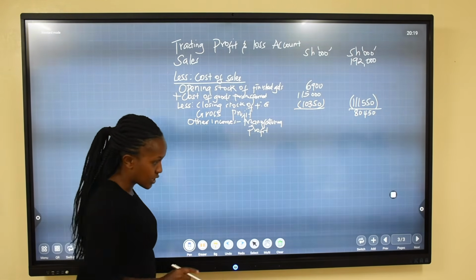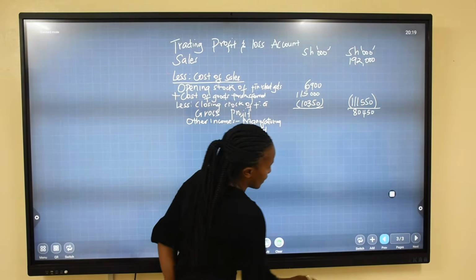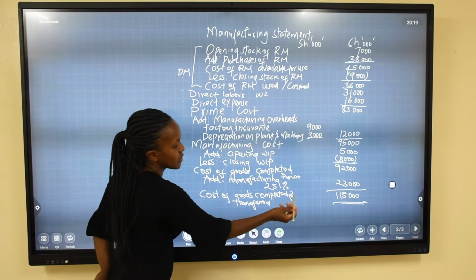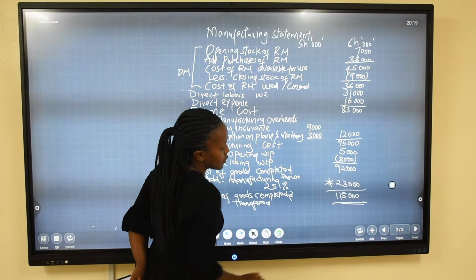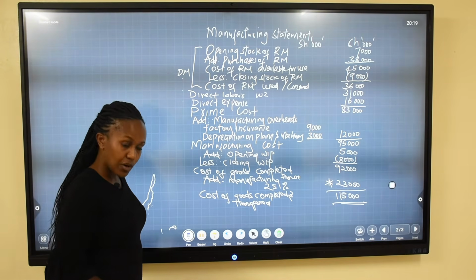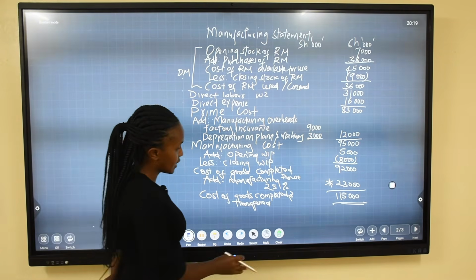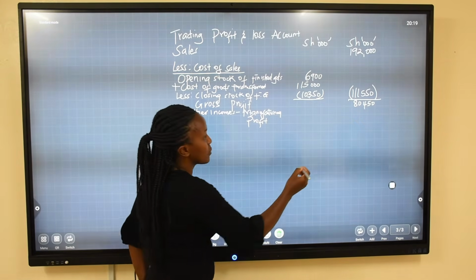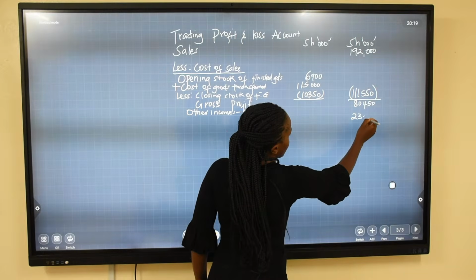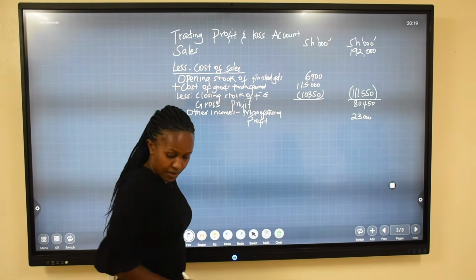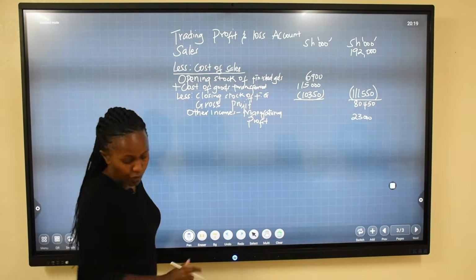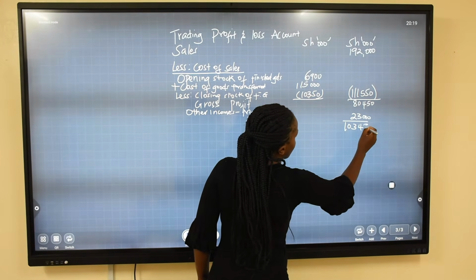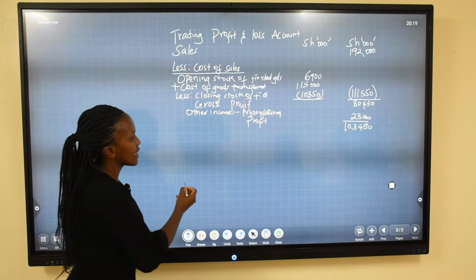This is the profit that we got here. This 23,000 is the one we are reporting in the income statement. So we are going to add here manufacturing profit of 23,000, giving us a gross income of 103,450.